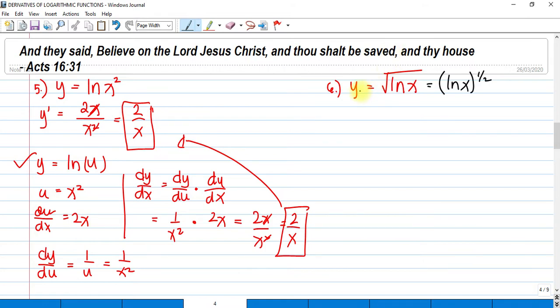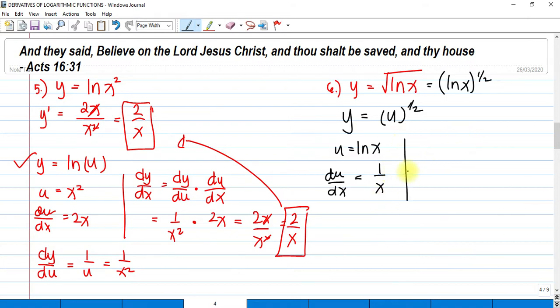So let's label y equals, let's label this ln of x as u, raised to 1/2. So our u is ln of x, okay? And our du with respect to x is 1 over x.